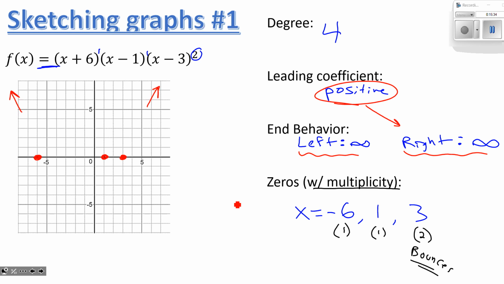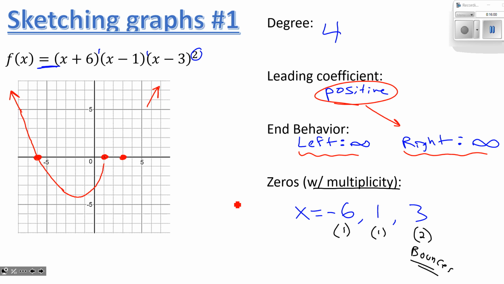And then I have to weave through these zeros based on their multiplicity. I see a multiplicity at -6, it's 1, which means just cross it right through. So I'm going to start my graph. And people often get here and they're like, well, how do I know how low I go or how shallow I go or where do I go in here? It really doesn't matter. This is a sketch. We're getting a rough idea of it. But I know I'm going to be below the x-axis.